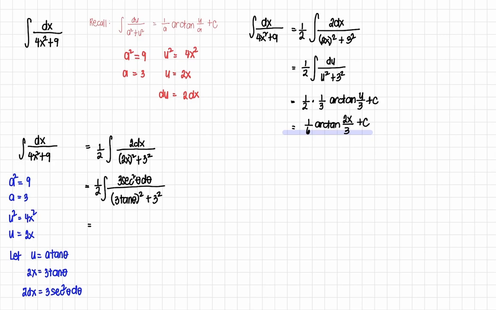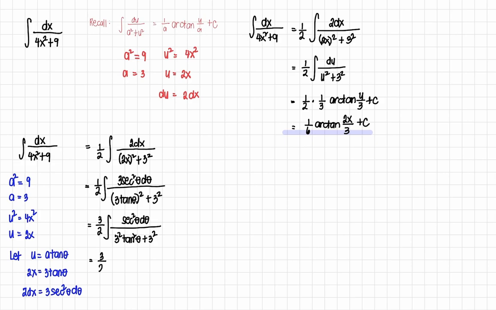So we can put 3 outside, so it becomes 3/2 integral of secant squared theta d theta over 3 squared tangent squared theta plus 3 squared. The common factor here is 3 squared, so we can factor that out.